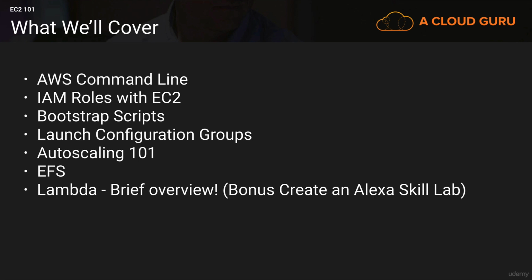And then we're going to learn about Lambda. We're going to do a brief overview because Lambda does not yet feature in any of the associate exams. I'm sure that will change though, because it is one of the fundamental pieces of AWS right now. Lambda came out in 2014 at re:Invent, and again, it has completely changed the world. We're going to have a bonus lab in this section of the course where we're going to create our own Alexa skill, which uses Lambda.